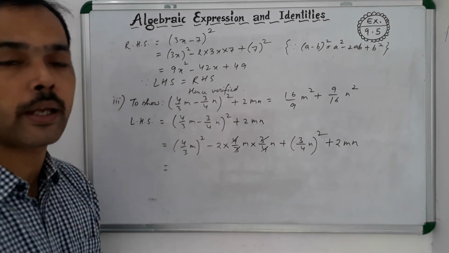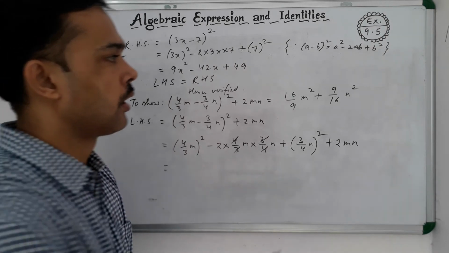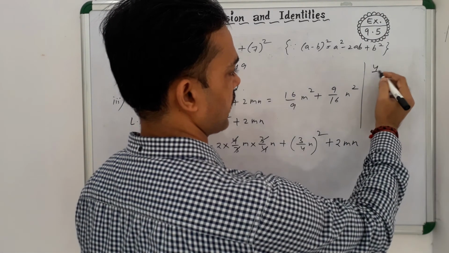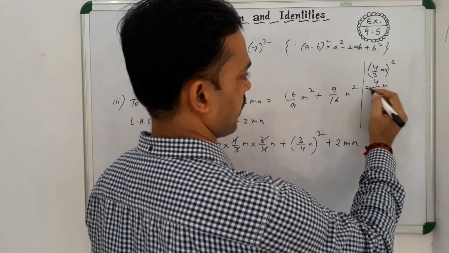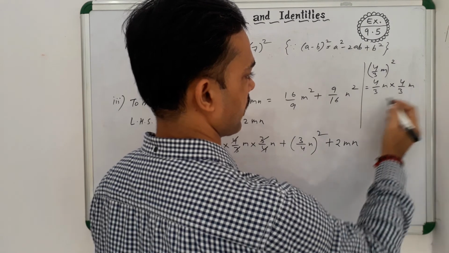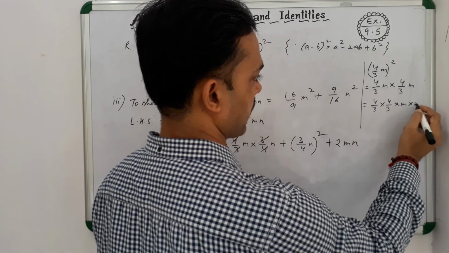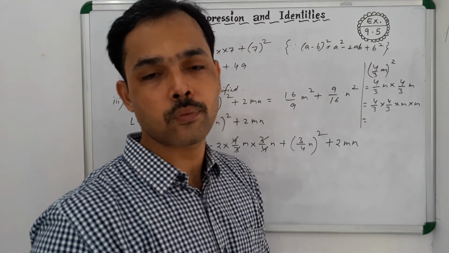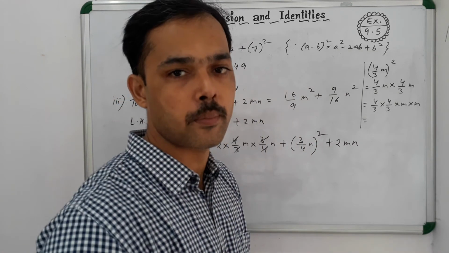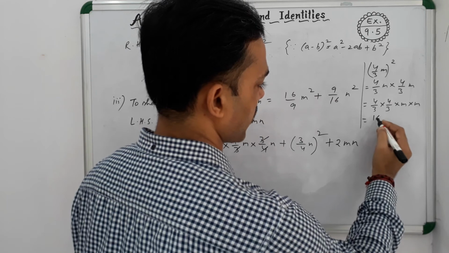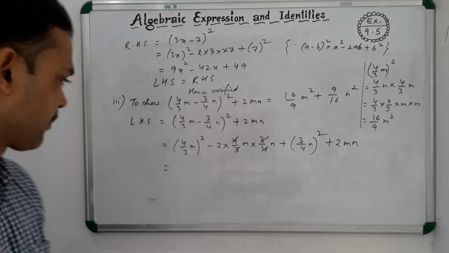Now (4 by 3 m) whole square means 4 by 3 m into 4 by 3 m. What we will do? We will multiply constant by constant, variable by variable. 4 by 3 into 4 by 3, numerator gets multiplied by numerator, denominator gets multiplied by denominator. 4 into 4 will be 16, 3 into 3 will be 9, m into m will be m square.